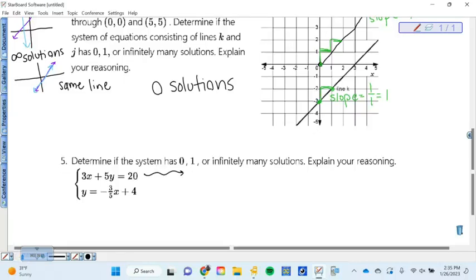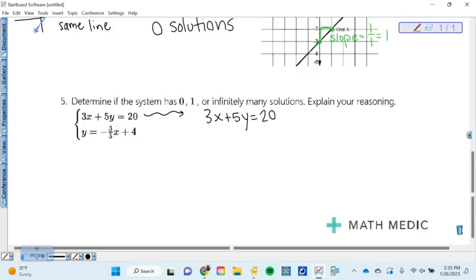So we're going to convert this 3x plus 5y equals 20 into slope-intercept form. So this is a part of your Delta Math assignment. You had to convert from standard to slope-intercept form. It was also that solve for y assignment we did a few weeks ago. If you still don't know what to do for this, you should be paying attention. It's pretty much the same steps every single time, right?